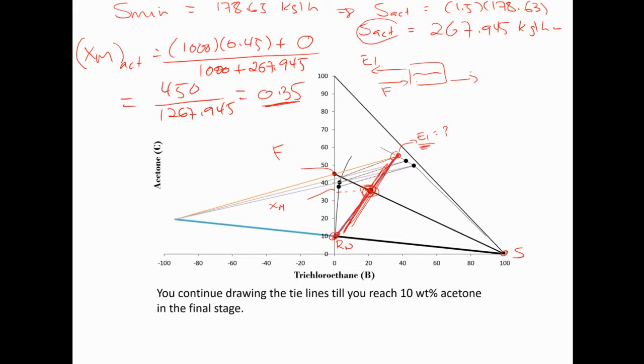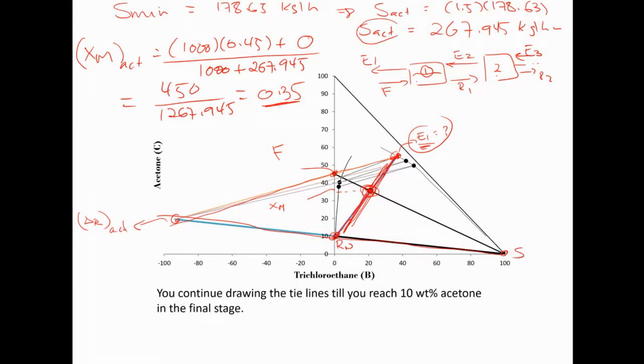This is your feed, this is your stage 1 and 2 and so on. And this one is going to be E2, and this one is going to be R2, and this one is going to be E3, and so on. Now, once we locate E1, I draw a line between this one and this F point, and I extend it, and the crossing here will represent R. Now it's going to be the actual value.